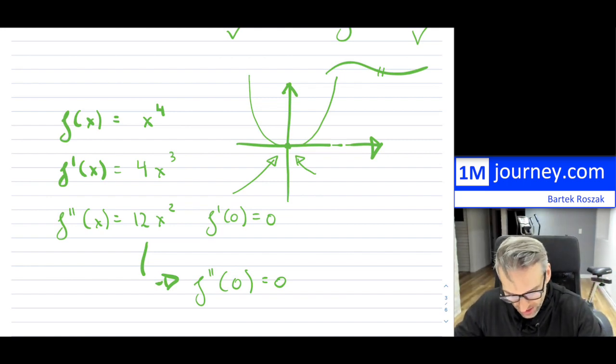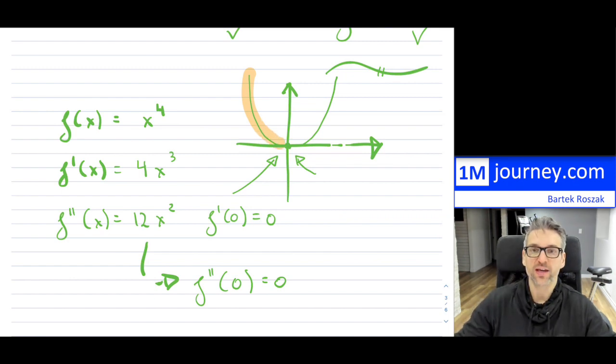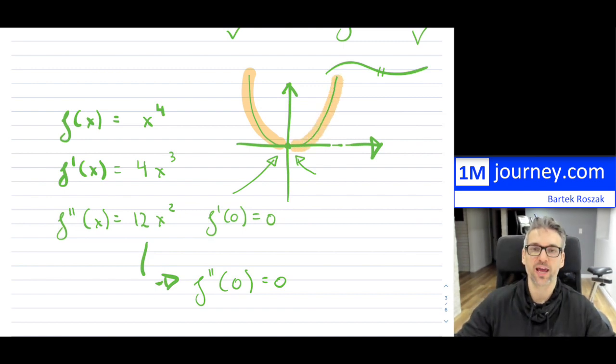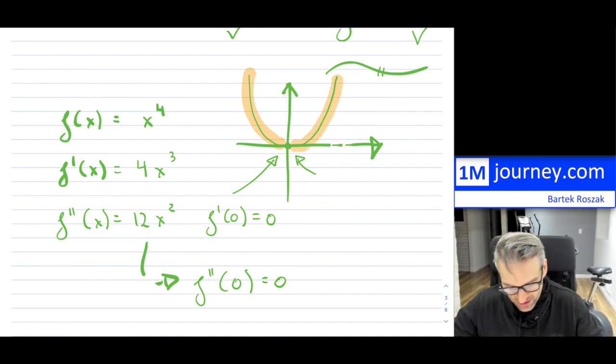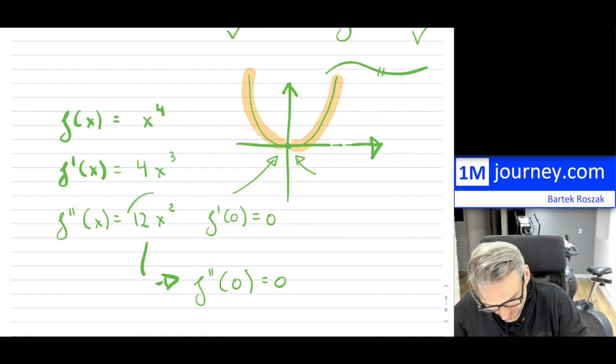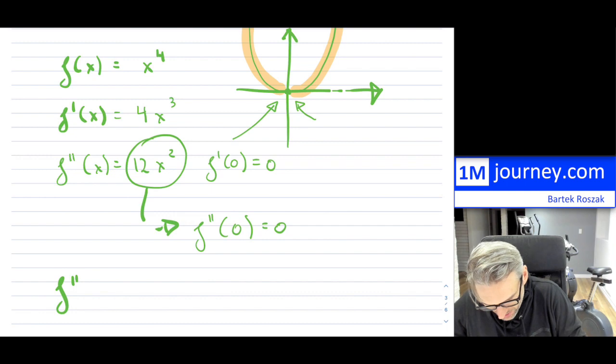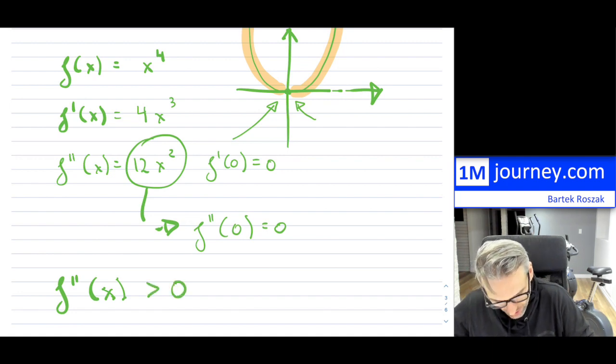Here, you can clearly see, if you go along here, this is concave up. And going from here to here is also concave up. And you can see that because for this function, this second derivative is always greater than 0 for x not equal to 0.